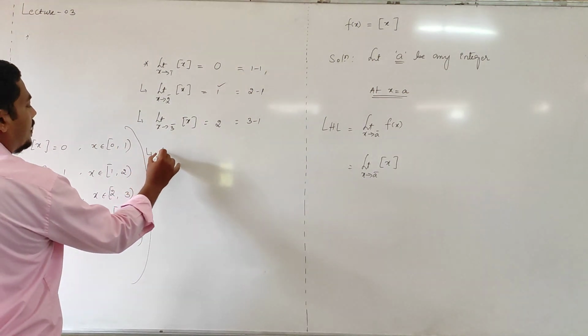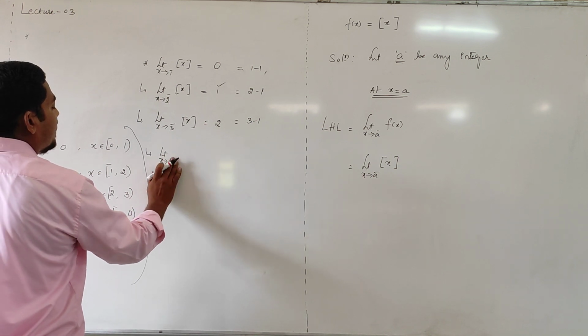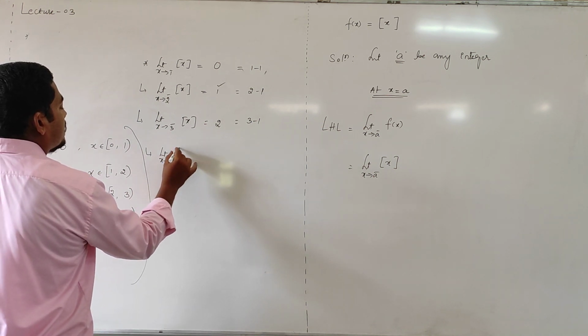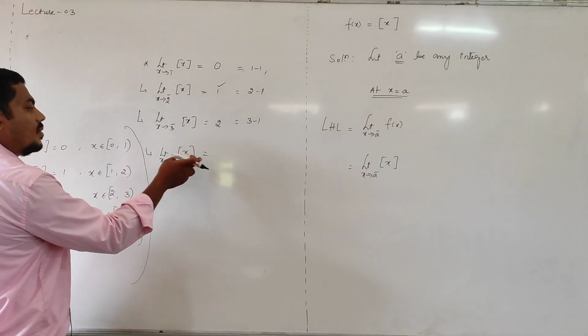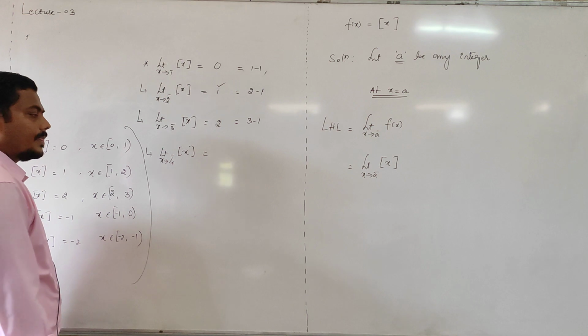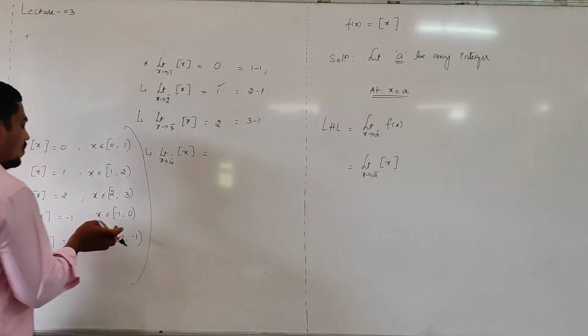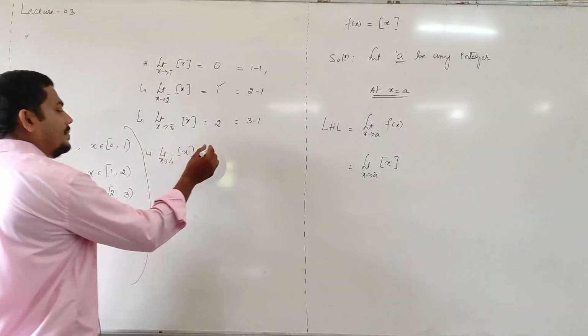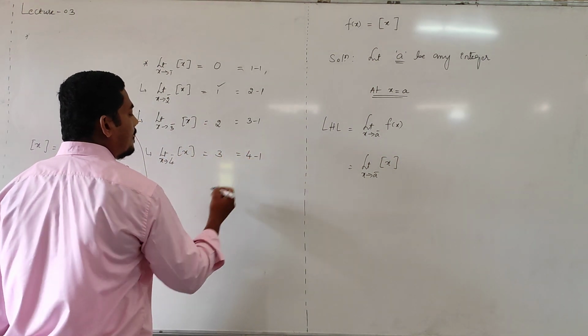Then limit x tending to 4 minus of step x: tending to 4 minus indicates less than 4. Once x is less than 4, step x is 3. I will write this 3 as 4 minus 1.